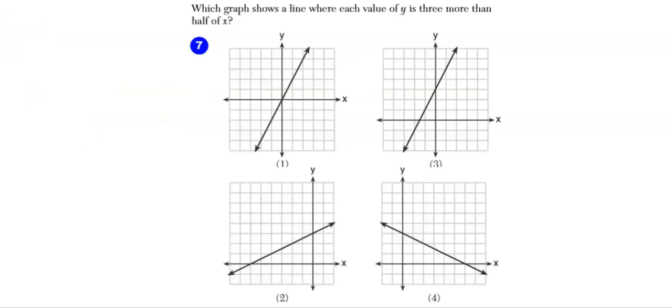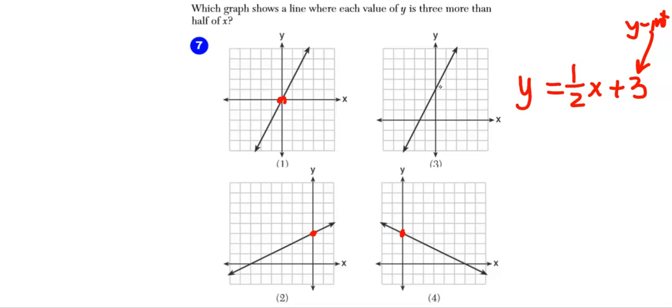Number 7. Which graph shows a line where each value of y is 3 more than half of x? Y is 3 more than, that's a backwards translation, half of x. So that means my y-intercept has to be 3. 3, 3, 0, 3.